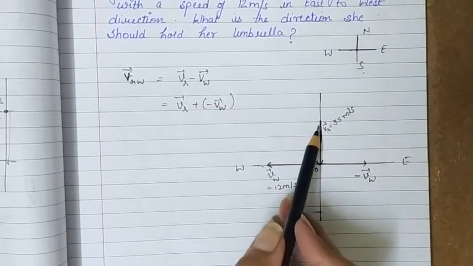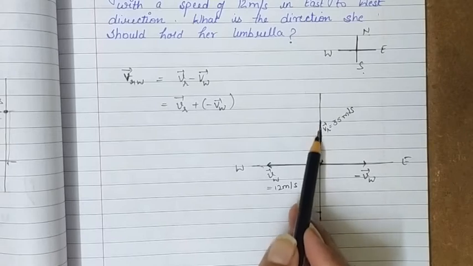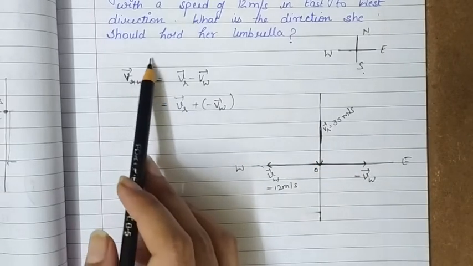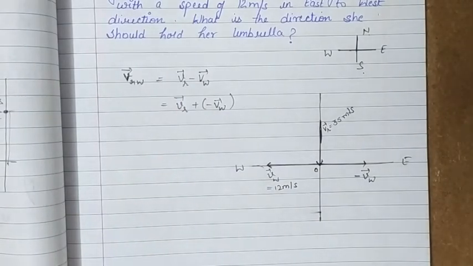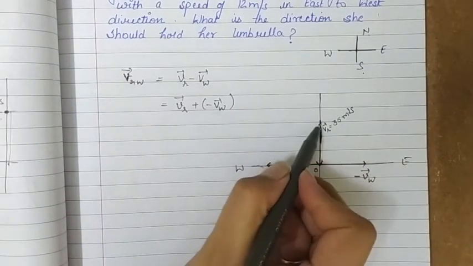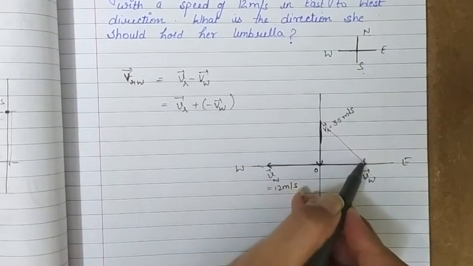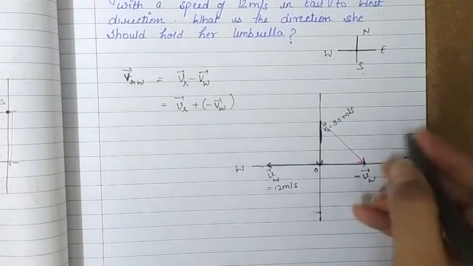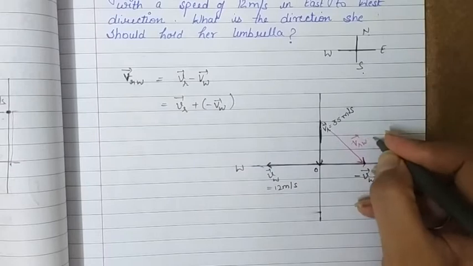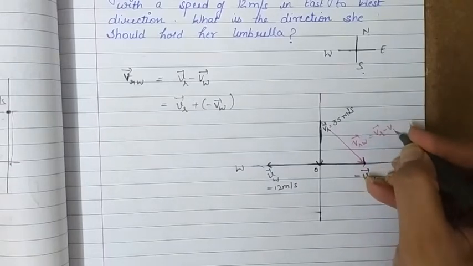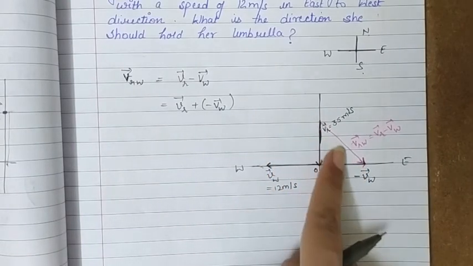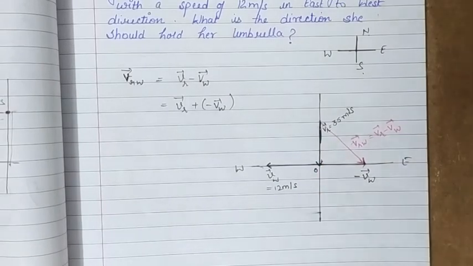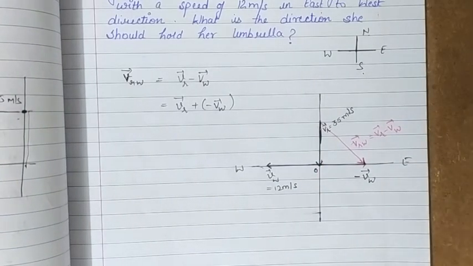If I find the resultant of these two vectors, I get VRW vector, and according to the triangular law of vector addition, the vector starting from this point and ending here is VRW vector, whose value is VR vector minus VW vector. So we want to find the direction of this vector, and opposite to that direction, that woman has to hold her umbrella to protect herself from rain.